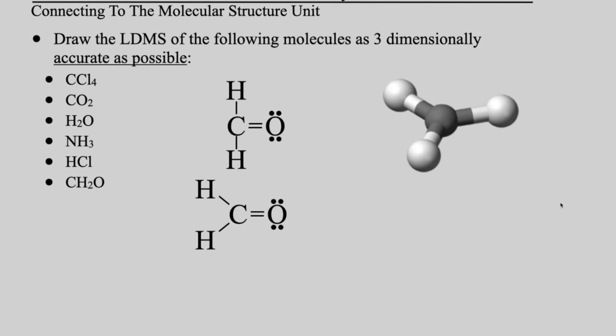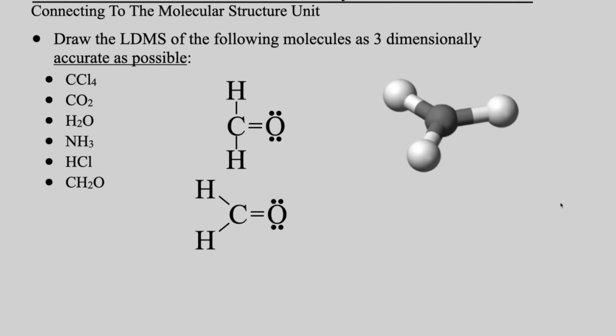We're going to do our best to draw these three-dimensionally accurately. So we're going to go like this, and we're going to draw these 120. This is the first time you've ever drawn a Lewis dot structure with 120-degree angles. And so we're going to go like this. Is that okay? So guys, thought number 1 then is this. We are going to draw or even redraw Lewis dot structures so they're as three-dimensionally accurate as they possibly can be. Questions on that idea?